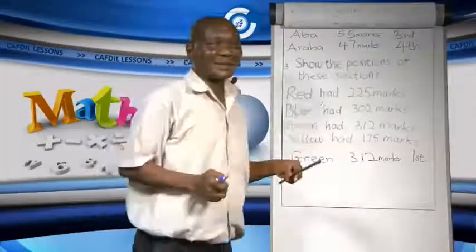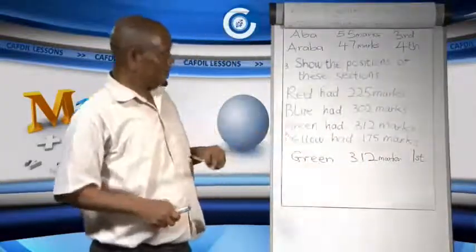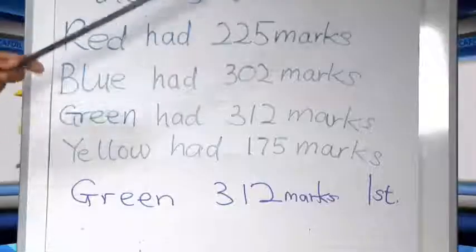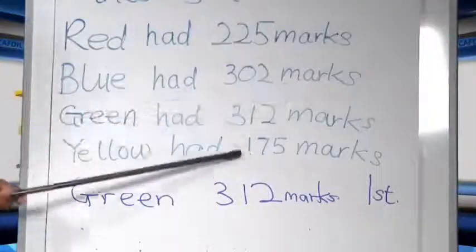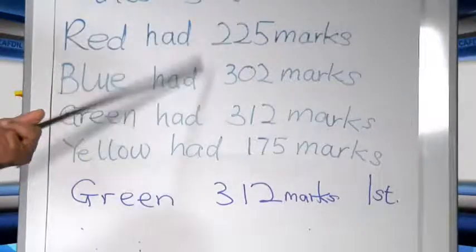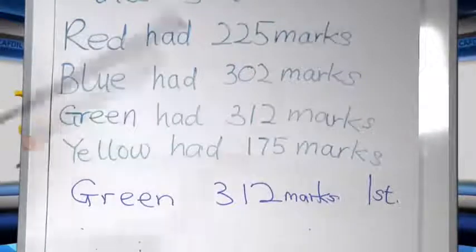Now let's look at the next highest number. We have 302, 225, 175. So the next highest number is 302.